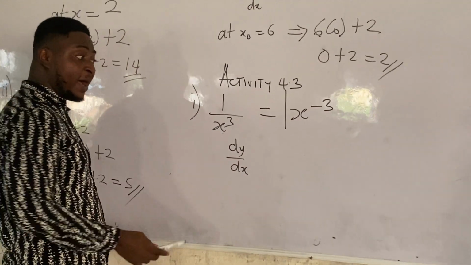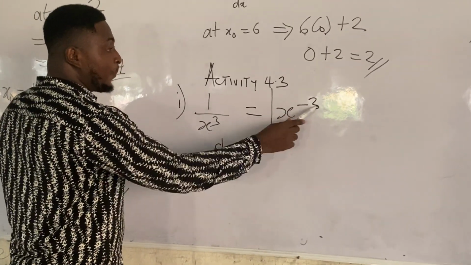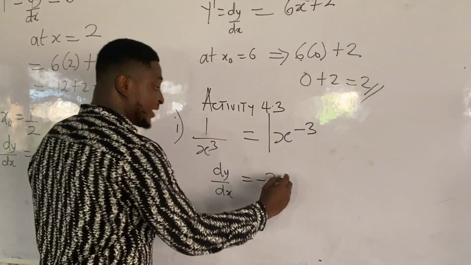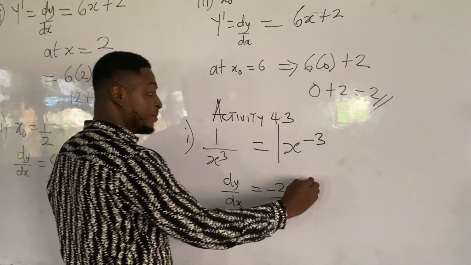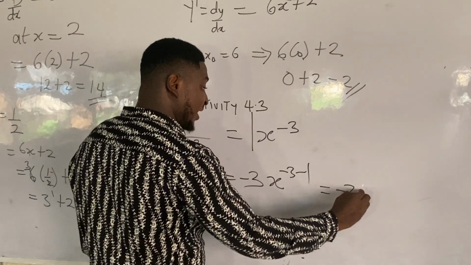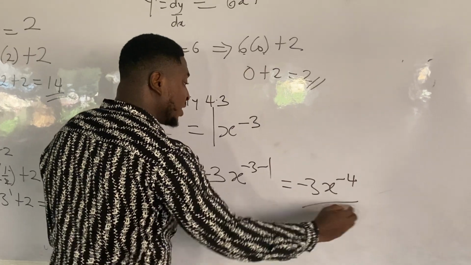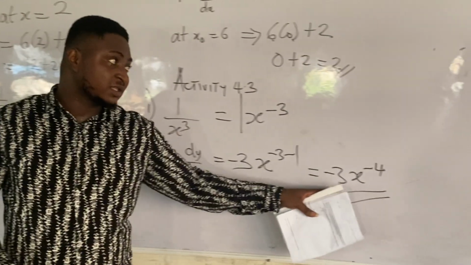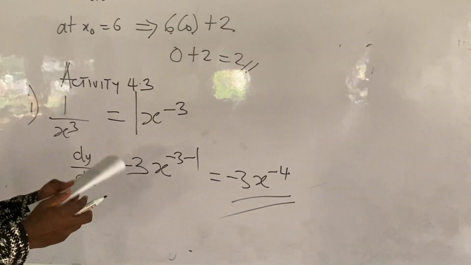Now when differentiating, remember, multiply your coefficient and your power. 1 times minus 3 is minus 3. Repeat your base x and subtract 1 from the power: minus 3 minus 1. This will give you minus 3x raised to power minus 4. This is the derivative of 1 over x raised to power 3: minus 3x raised to power minus 4. That is for activity 4.3 part i.